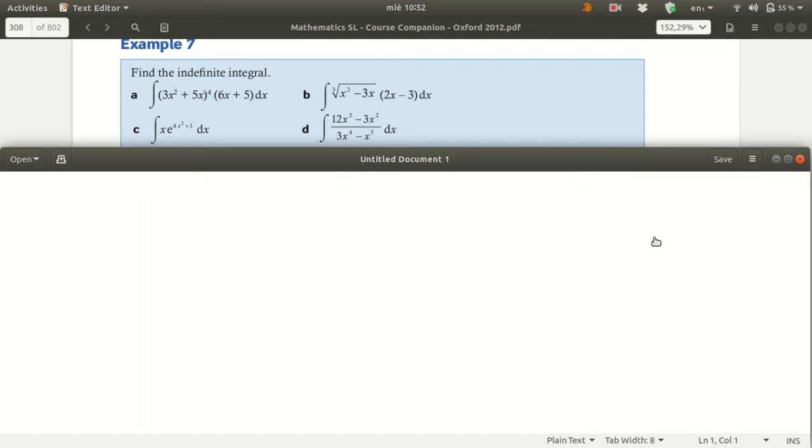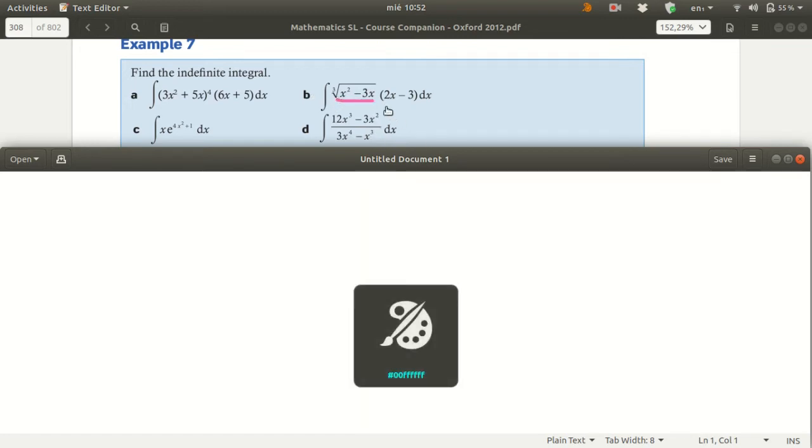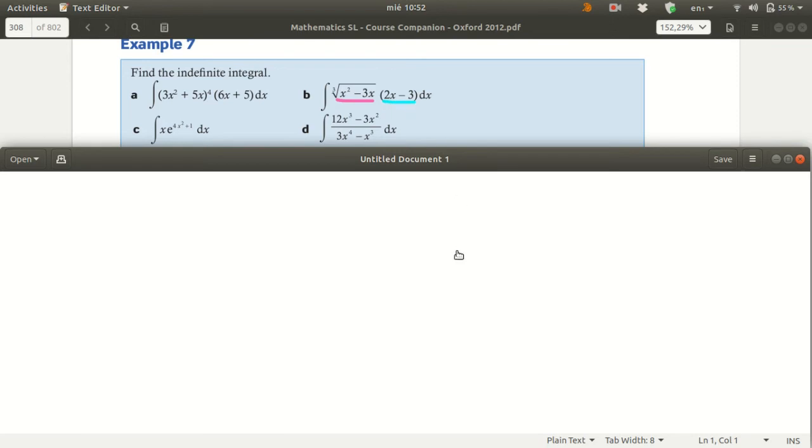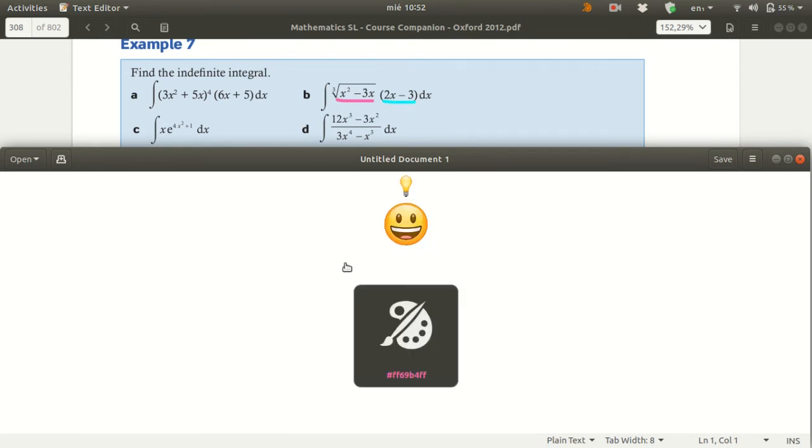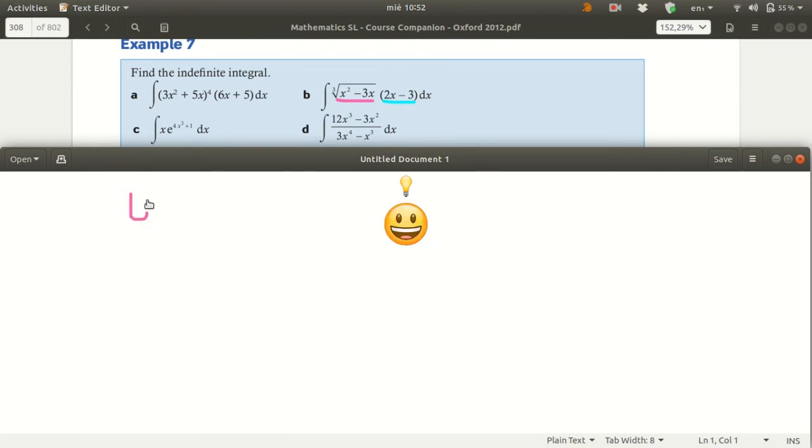Now let's look at question B. So we have the integral of the cube root of (x squared minus 3x) multiplied by (2x minus 3). In this case, again, we have the expression x squared minus 3x whose derivative is 2x minus 3. So our u substitution is going to be for that expression underlined in pink.